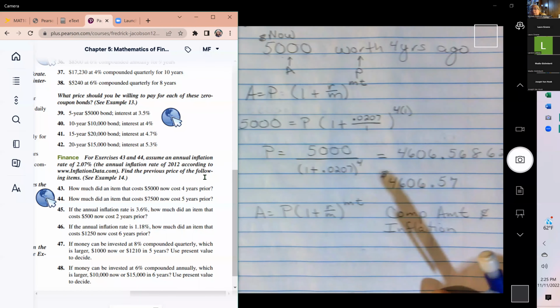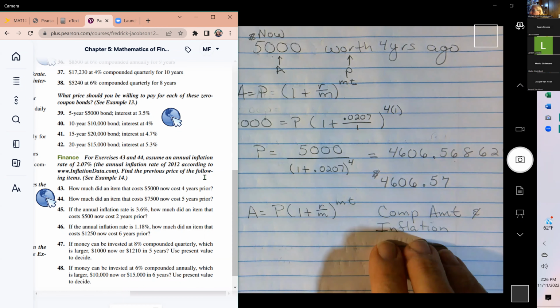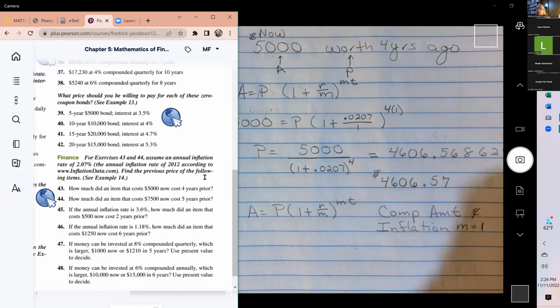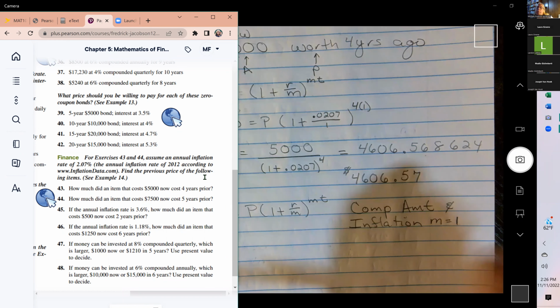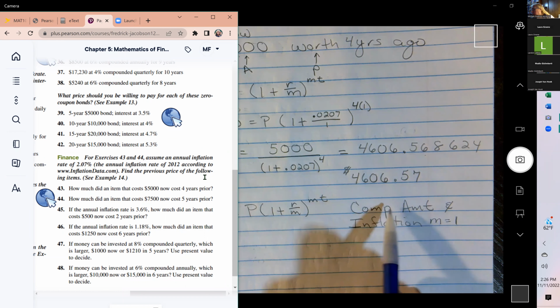Inflation is a compounded amount. It's compounded annually. So if you're using inflation, then your M is 1. So compounded monthly, quarterly, daily, annually, you would use this formula, and inflation is a compounding. It's yearly.